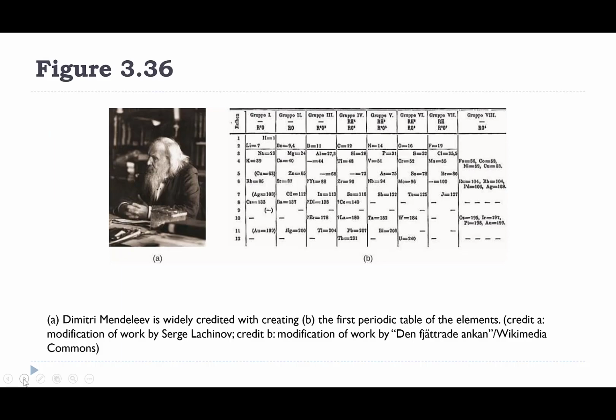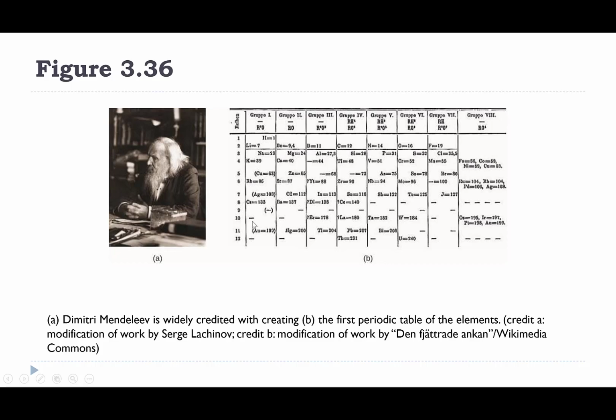So here's just kind of a picture of what his periodic table started to look like. Not as beautiful as ours is today, but to him, it made sense. So he's got his different groups, it looks like here, 1, 2, and 3, so on and so forth. And then he's got his different elements within those groups.